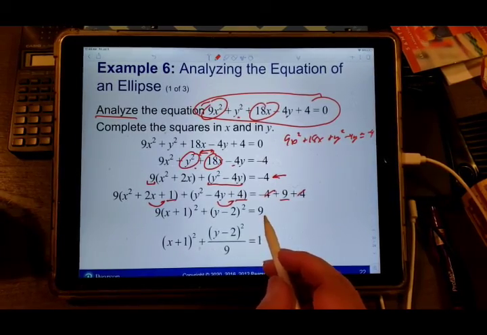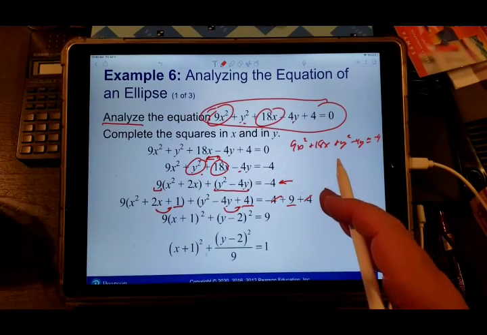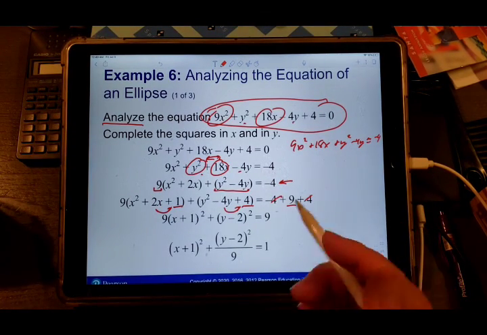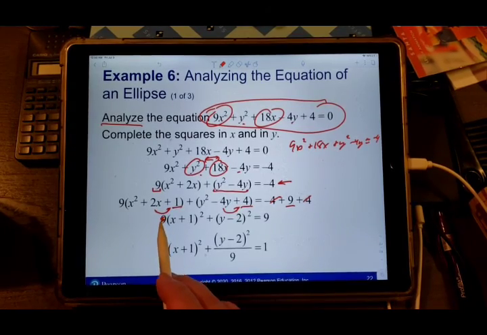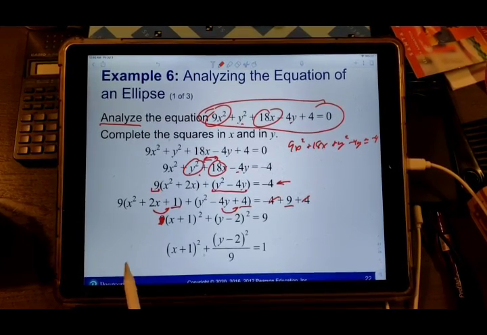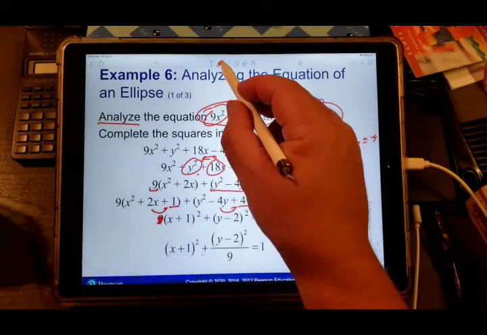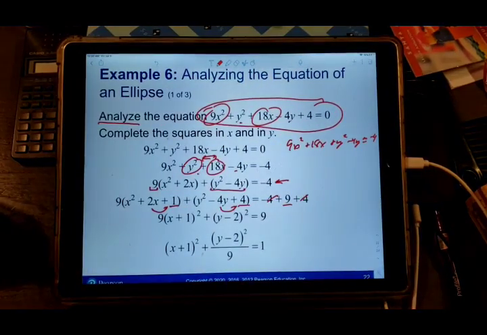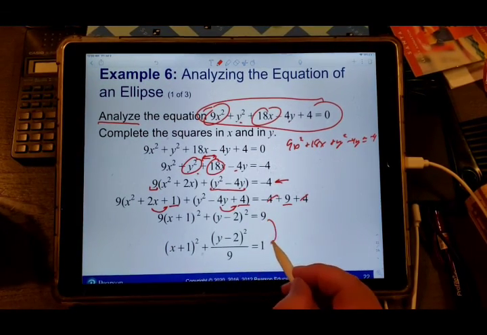And by the way, maybe prior to this I didn't realize it was going to be an ellipse. But once you complete the square, if this 9 weren't there, it would be a circle, right? X minus h squared plus y minus k squared equals r squared. But because of this number right here, what I want is a 1.